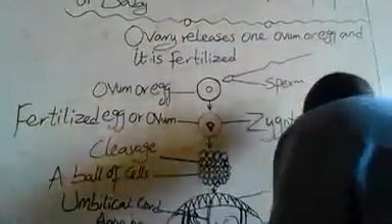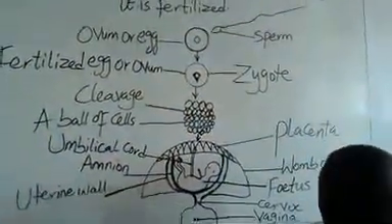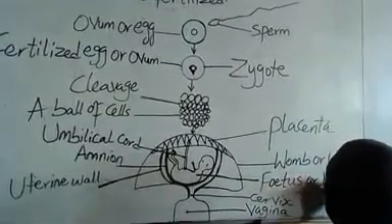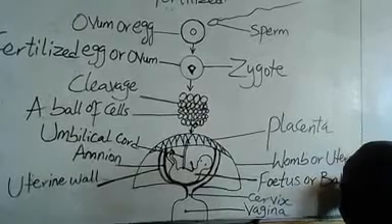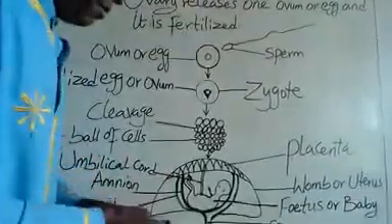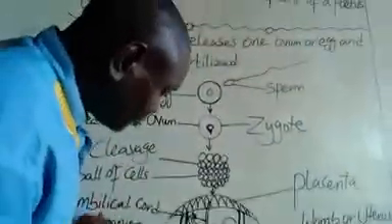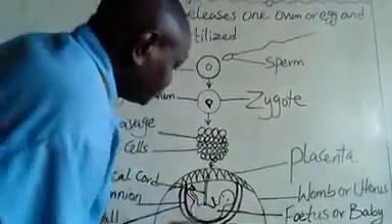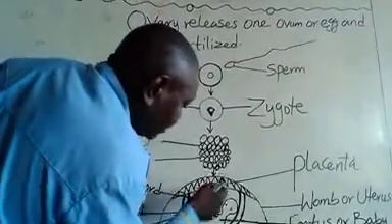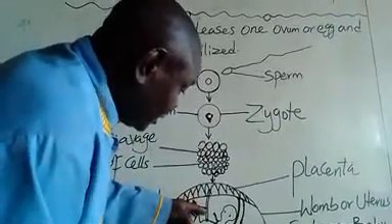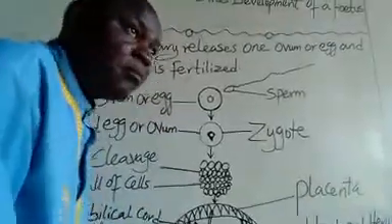You can call this baby fetus. It is called fetus or baby. This is unborn baby. Now, umbilical cord, it is used in feeding the baby in the womb.